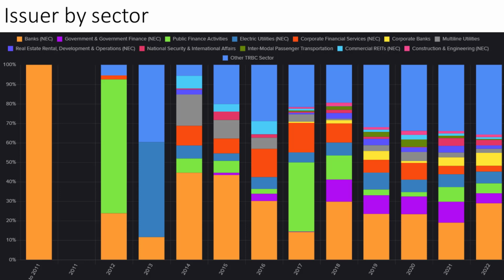And this is, I think, the most interesting feature, just it's quite hard to interpret, but we can see issuer by sector. So I mentioned that for the banking sector to provide any kind of green loans, it's necessary to collect their liabilities somehow. So the easiest way is to issue bonds, and then this can be immediately channeled into loans for small and medium enterprises, for households, and so on.